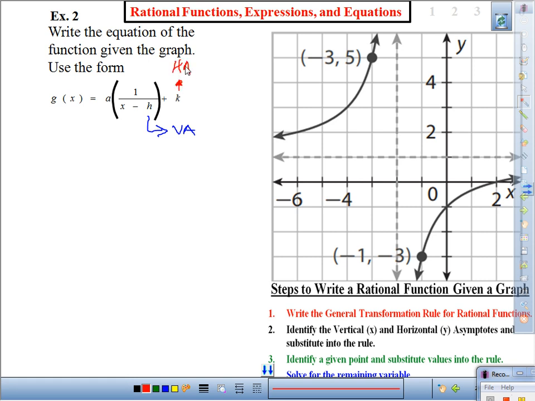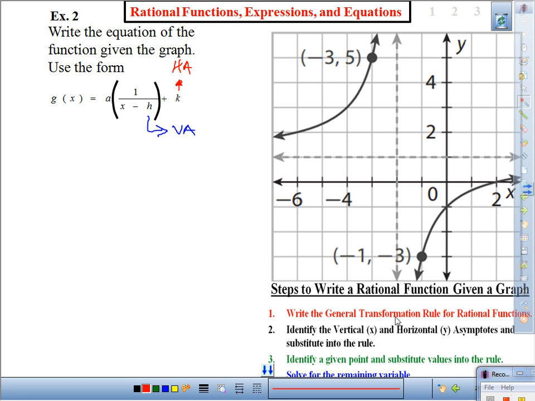Our horizontal asymptote. Okay. So that means if we want to write an equation using this form, we need what? Our vertical asymptote, our horizontal asymptote. Don't we need also an x value? Don't we need also this value? This would be a y value, yes? So it would be the only variable that we would need to solve for. Okay, so check this out.